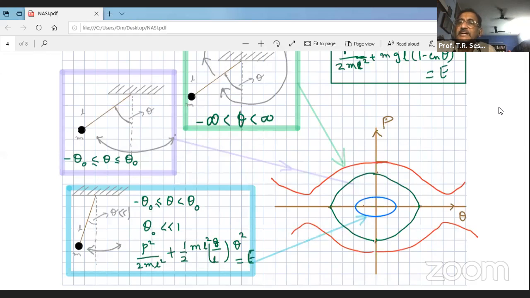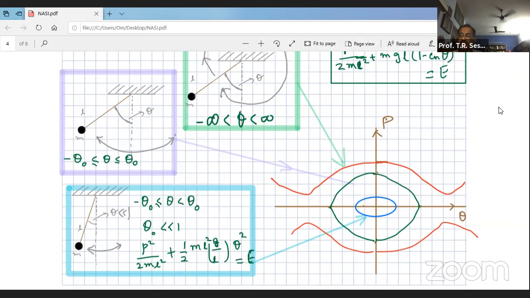So I have momentum. Let us look at the upper red curve. And so the momentum has a maximum value. As theta increases beyond 0, the height of the bob increases, potential energy increases, kinetic energy decreases, and hence the momentum decreases.